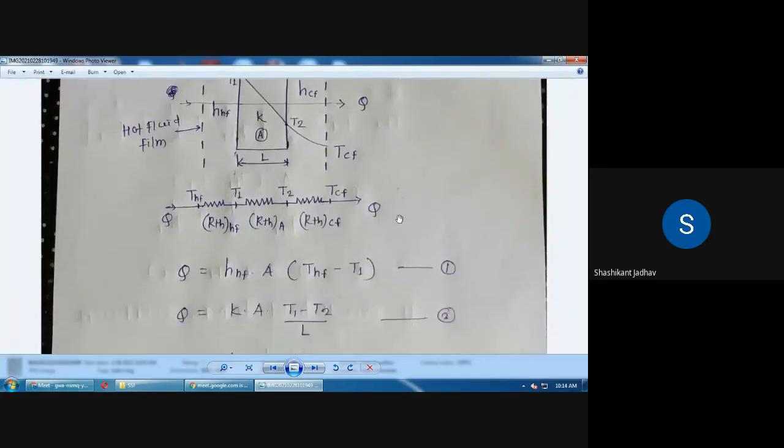So for the left hand face, what is the equation? Write down Q is equal to HHF into area. Write down the equation first for layer 1. जो काय आपला हॉट फ्लुइडचा लेयर असणार आहे त्याच्यासाठी आपल्याला हीट ट्रान्सफर रेटचं इक्वेशन लिहायचं आहे. So write down the equation Q is equal to HHF into area, and what is the temperature difference for the hot fluid?